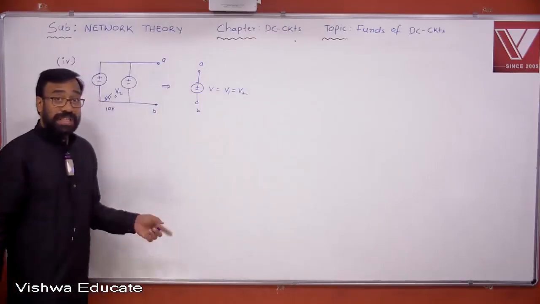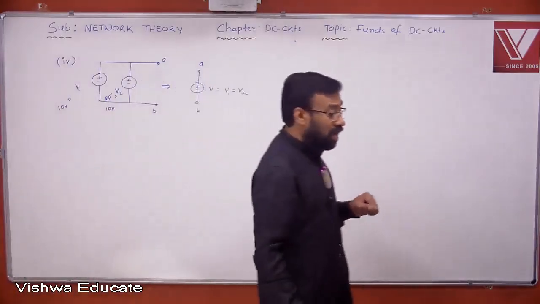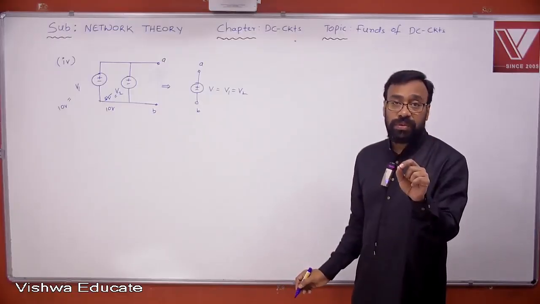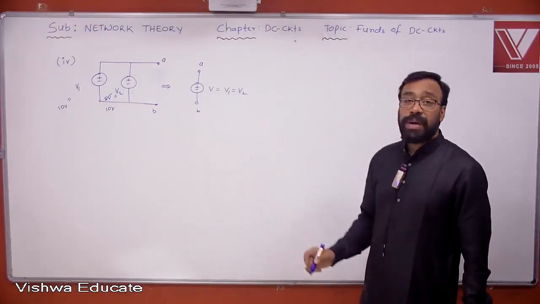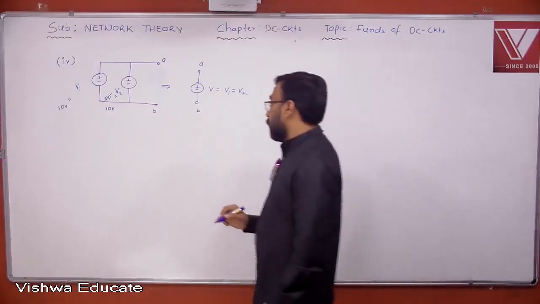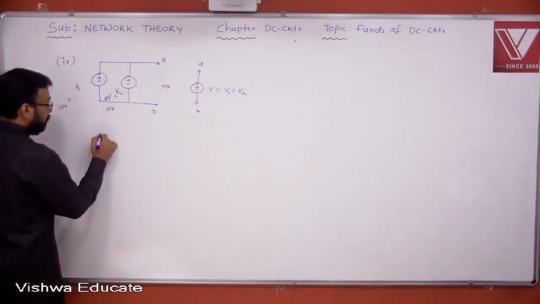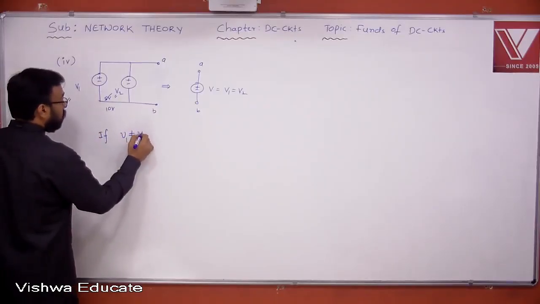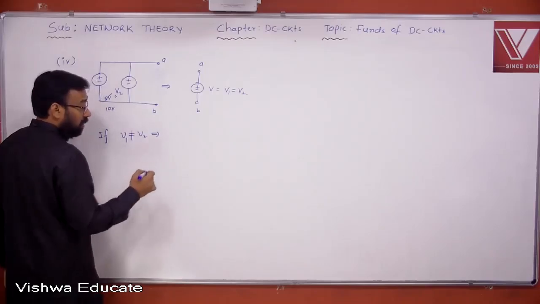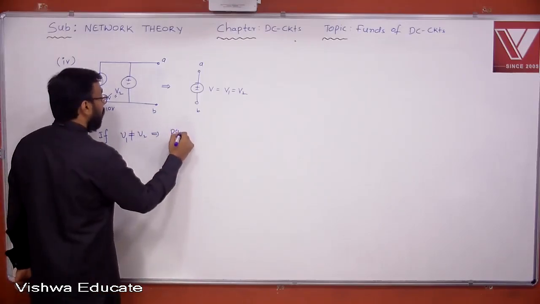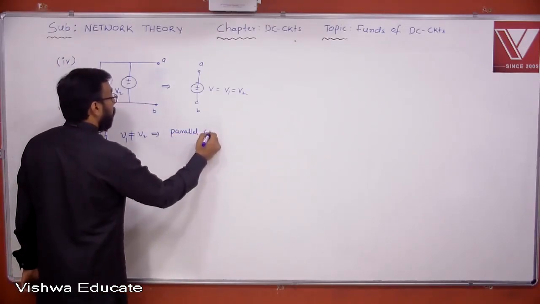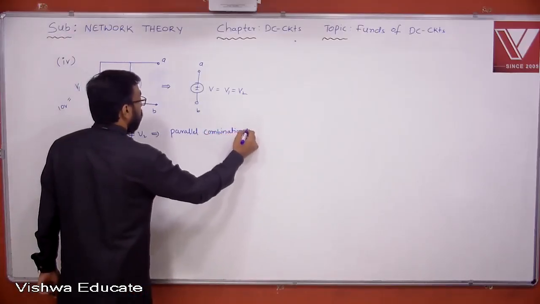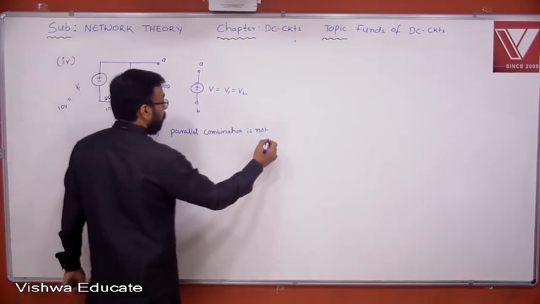That means you are replacing them by a single source, and that value must be V equal to V1 equal to V2. That means V1 must always be the same as V2, because they are connected in parallel, otherwise KVL gets violated. If V1 is not equal to V2, then you must say that parallel combination is not possible.